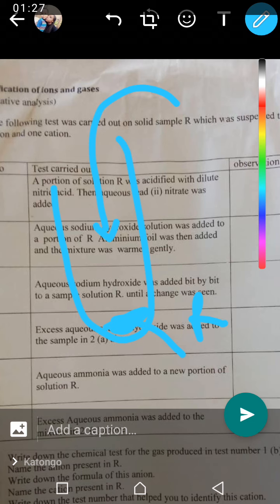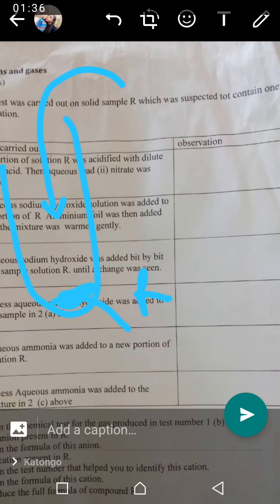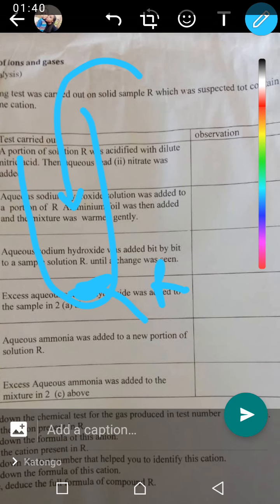Then when you pour the acid, you record in the observation here. If you see any color changes, you write here. If maybe it has become blue, you write it has become blue. If it has become green, you write it has become green. Whatever happens when you pour the acid, you record.